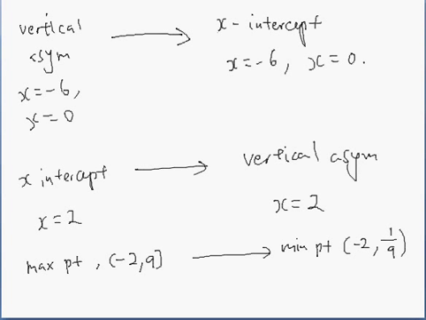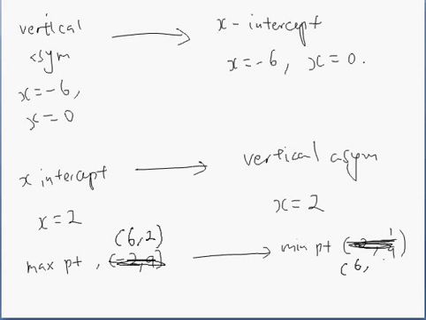Maximum becomes minimum. Okay, apologies. I think I made a mistake. The maximum point I'm talking about shouldn't be (-2, 9). It should be (6, 2). So under the new curve, it should become a minimum point (6, half).